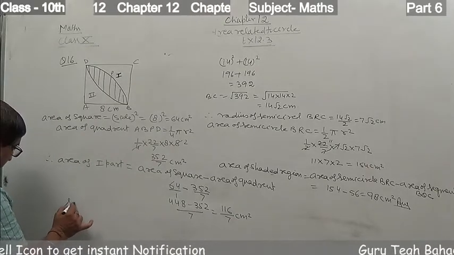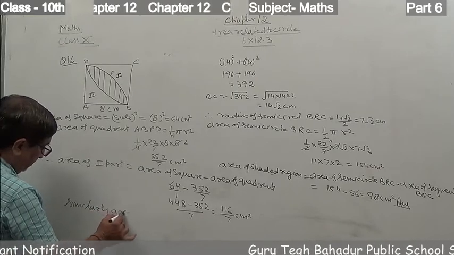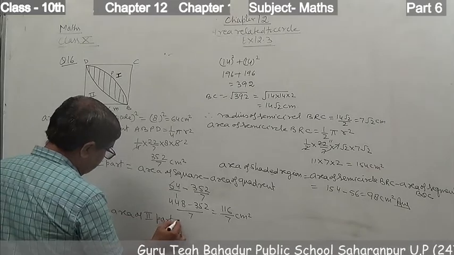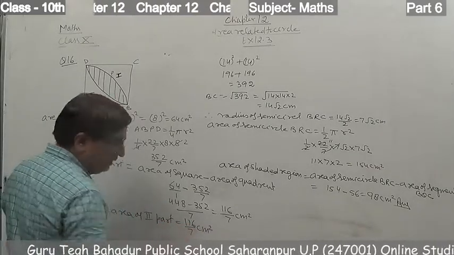Similarly, area of second part is also 116 upon 7 centimeter square.